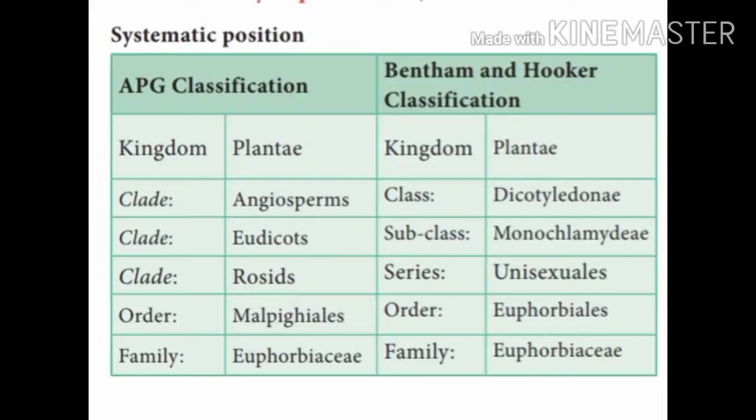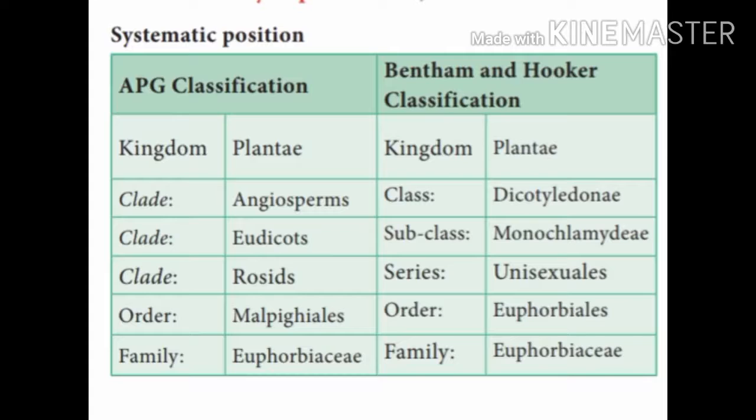Let's move to our next family, Euphorbiaceae. Kingdom Plantae, clade angiosperms, clade eudicots, clade rosids, order Malpighiales, family Euphorbiaceae. Bentham and Hooker system of classification: kingdom Plantae, class Dicotyledonae, subclass Monochlamydeae, series Unisexuales, order Euphorbiales and family Euphorbiaceae.